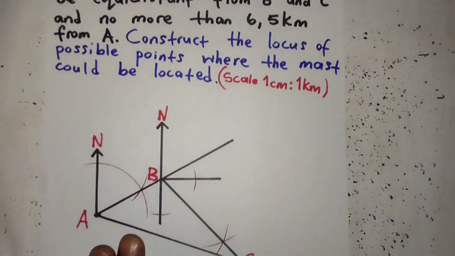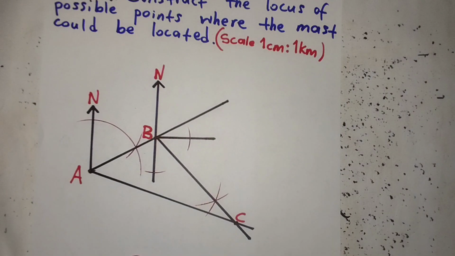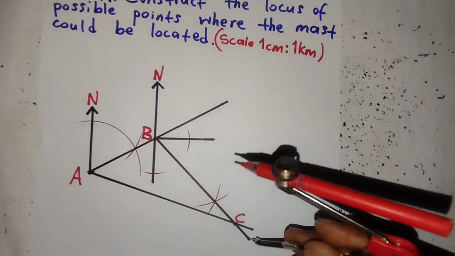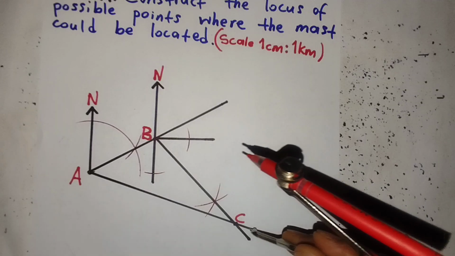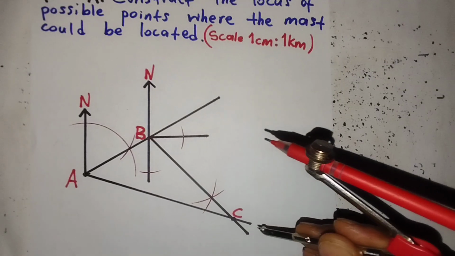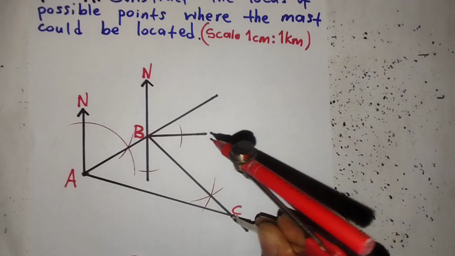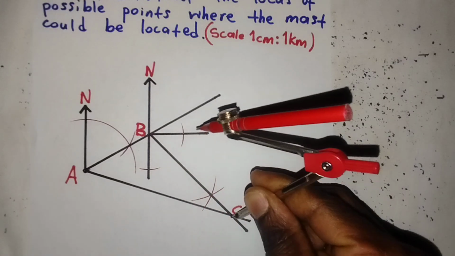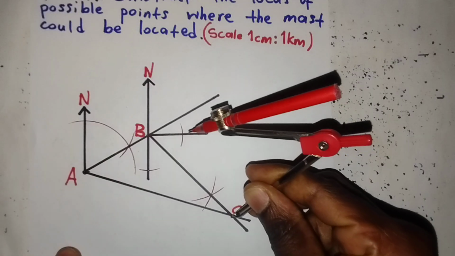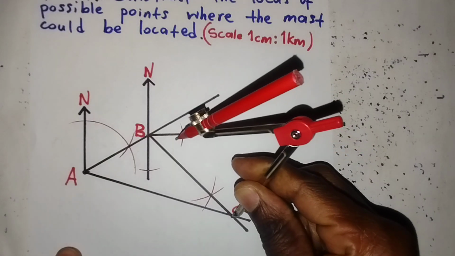Okay, so first of all, we open a suitable radius and then go either to B or C. In this case, I have chosen C as my center. The suitable radius must be longer than the midpoint of BC.